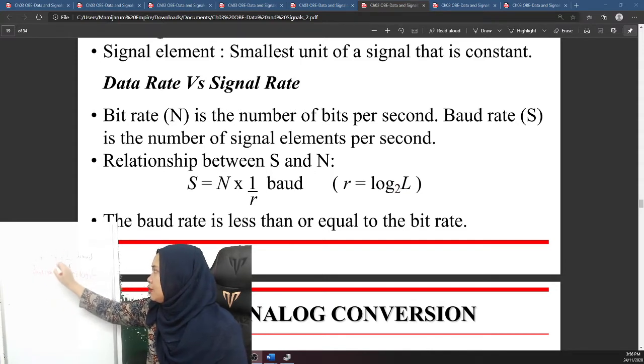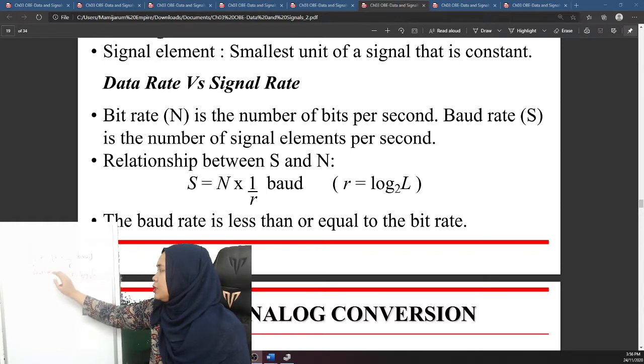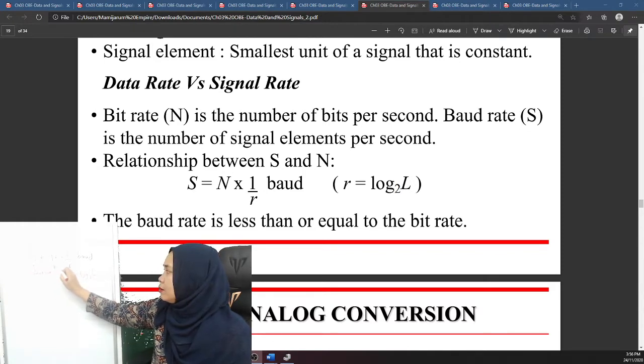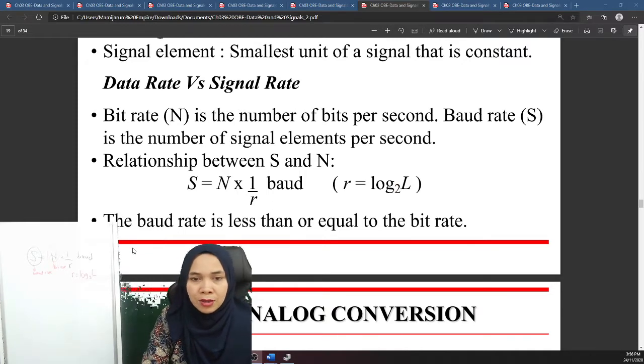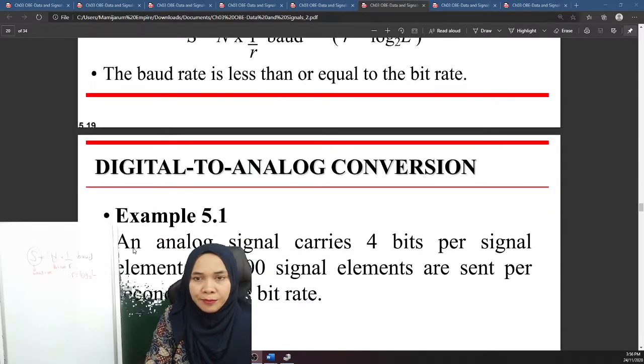Sorry, N adalah bit rate. Baud rate sama dengan signal rate. N adalah equal to bit rate. Right. So now kita tengok this one. Okay, this is one of the formula.